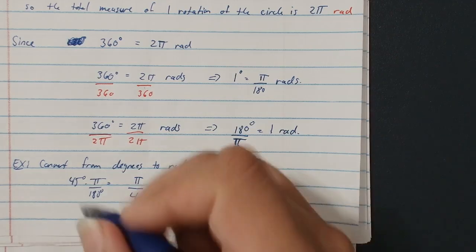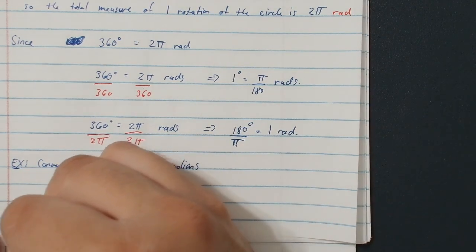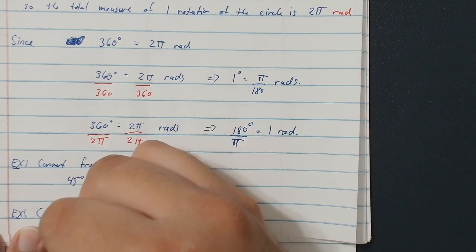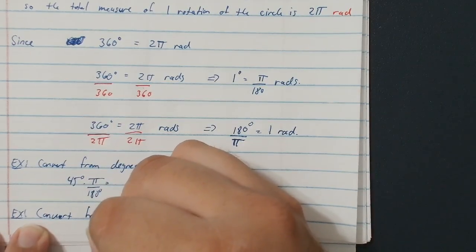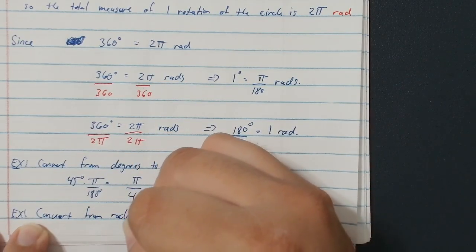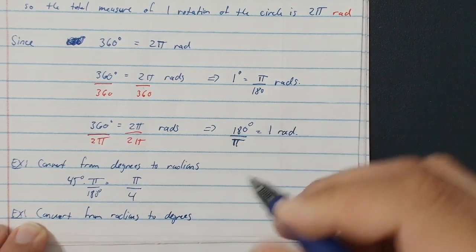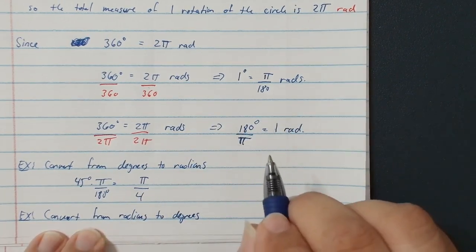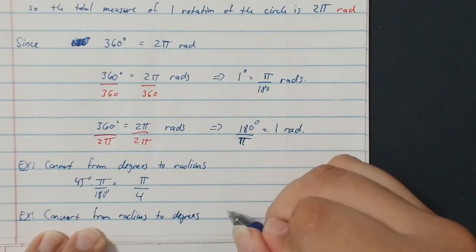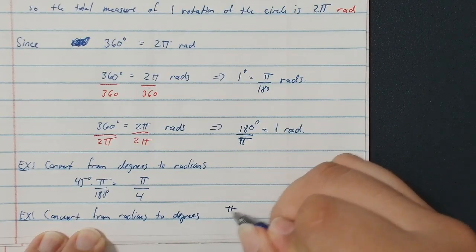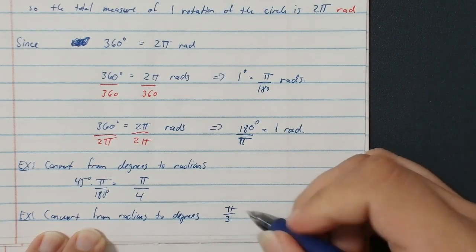You can go the other way around as well. Convert from radians to degrees. And that's going to be, let's do pi over 3 radians.